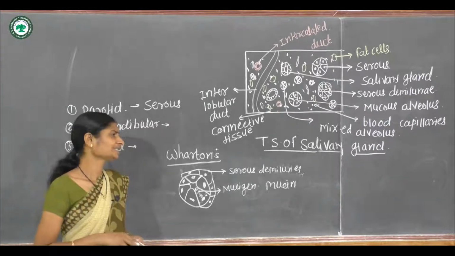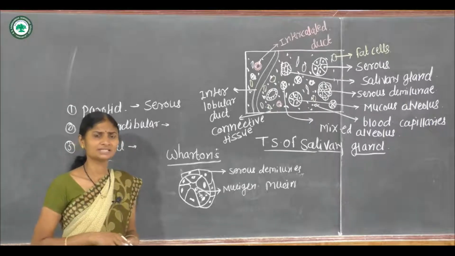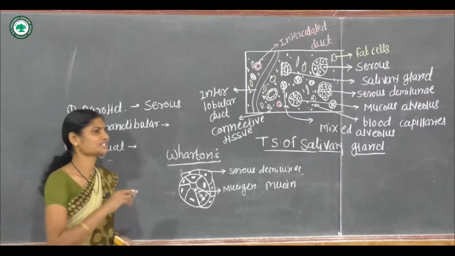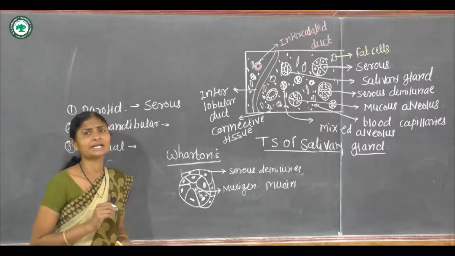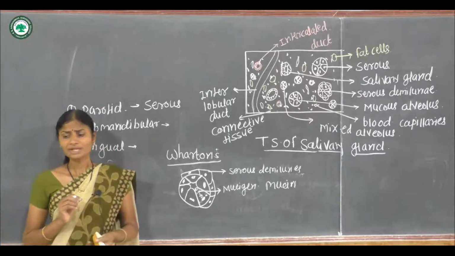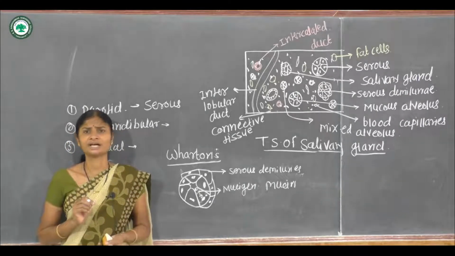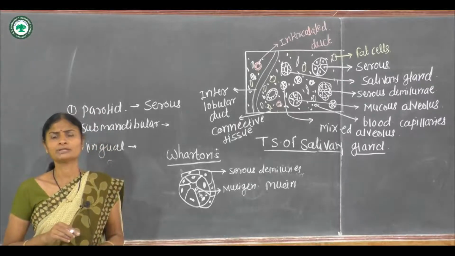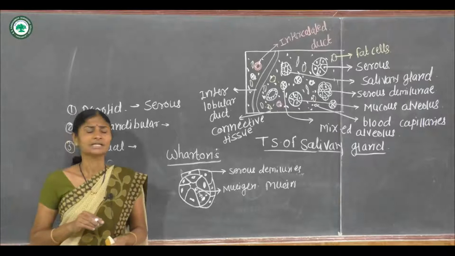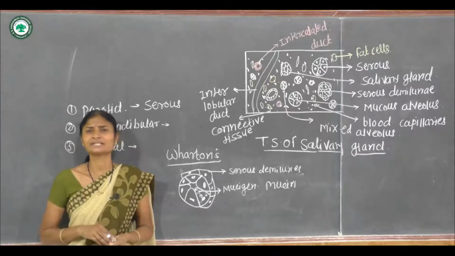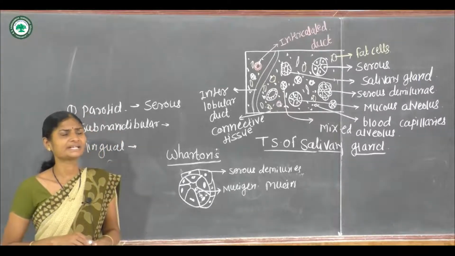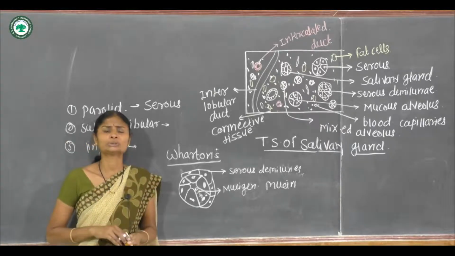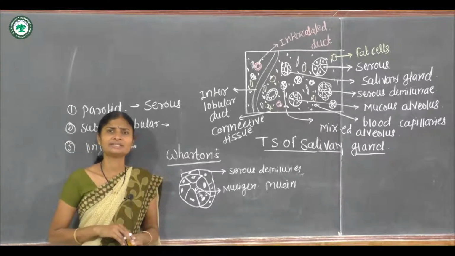In the salivary glands, the duct system is well developed. The acini are connected to the intercalated duct, which further joins a larger duct called the striated duct, and the striated ducts pour their secretion into the excretory duct.